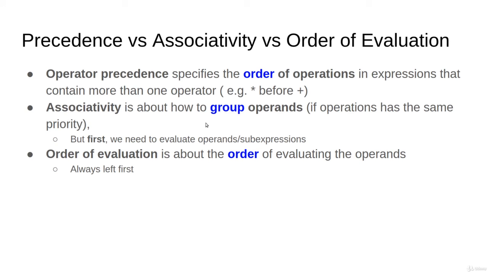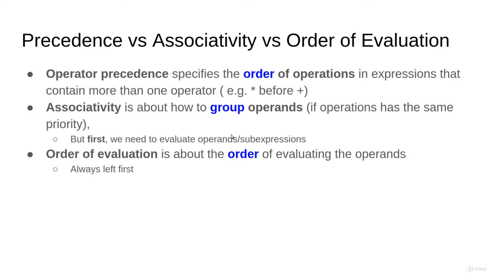Let's put these together. The precedence is more about the order of the operations, specifically because we have different priorities between the different operators. Associativity is all about, are you going to make them left to right or right to left? But before we do this left to right or right to left, we need to prepare the values of the operands.